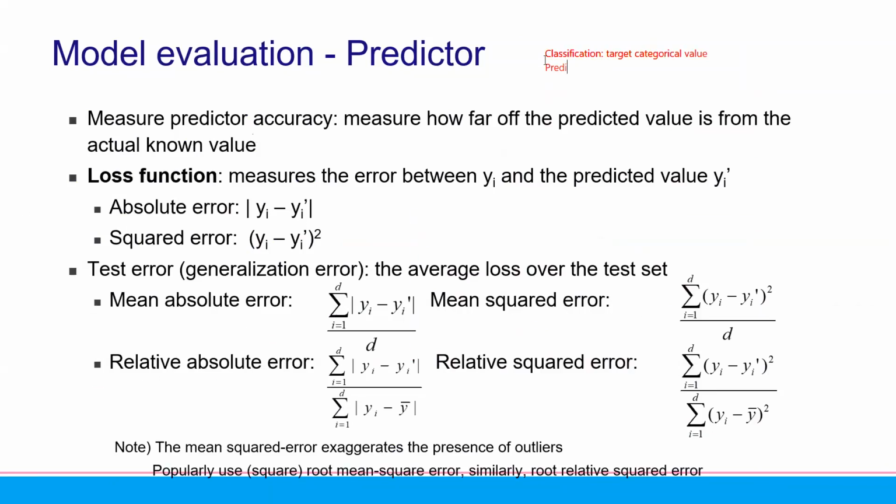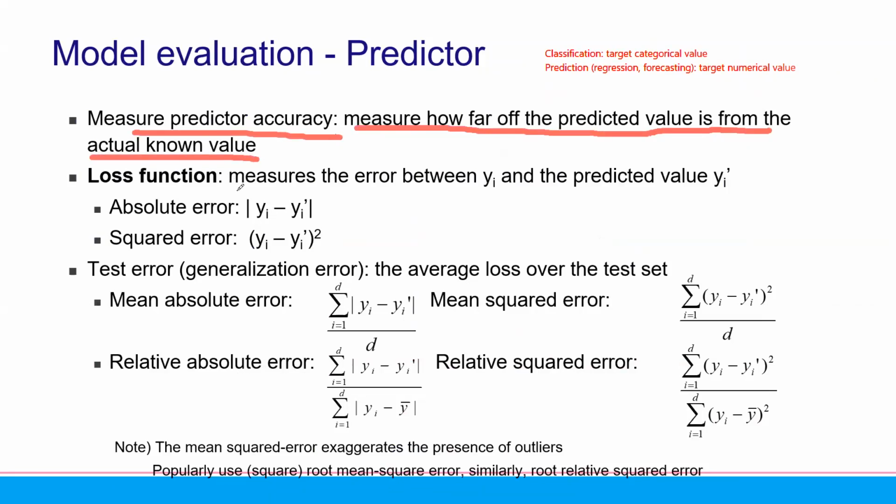When we have prediction, or sometimes we call it regression, or sometimes forecasting, the target is a numerical value. If we have categorical values, we can make the confusion matrix. But if we have numerical values, in order to measure the predicted accuracy, we need to measure how far the predicted value is from the actual known value.